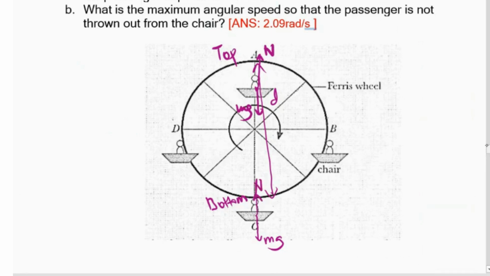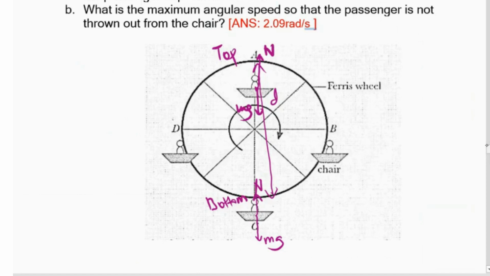You cannot say that at the top the normal goes down just like the tension. No. If it happened, the person would fall down, because the seat is now at the top of her head and the head is below the seat. That doesn't make sense at all.